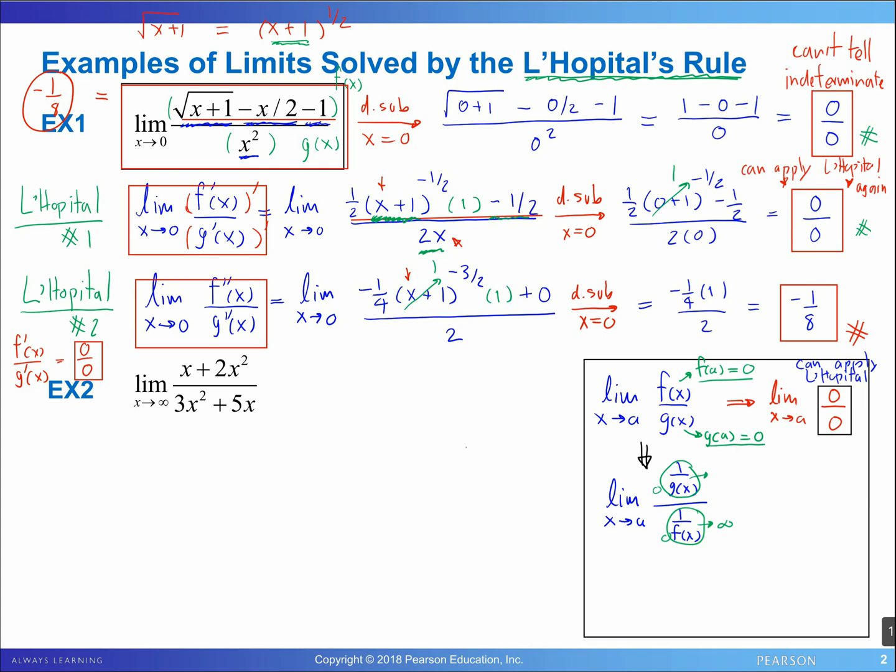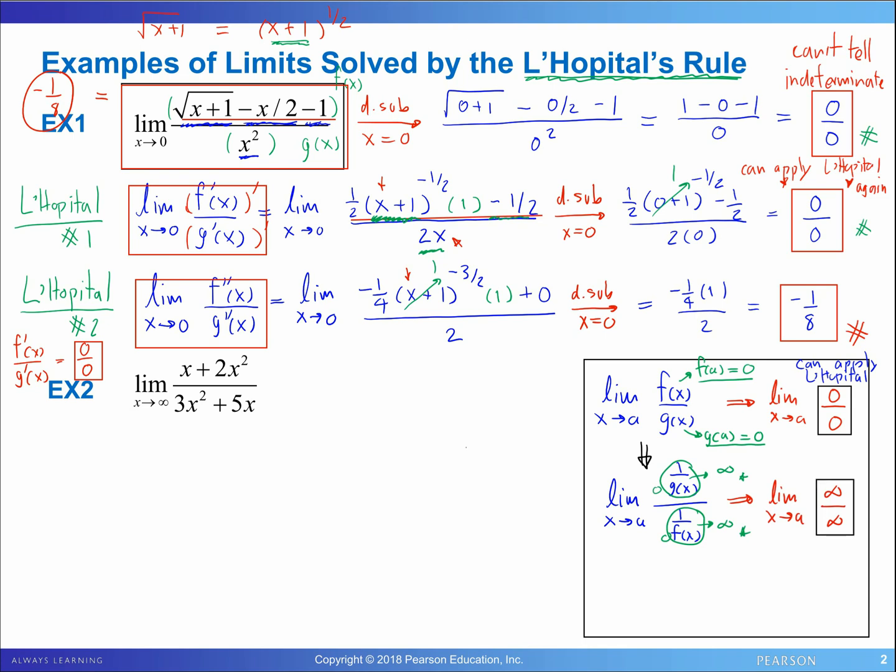It's going to go to infinity as well. Which means that at this point down here we have the limit when x goes to a of infinity divided by infinity. So let's have it right here. Infinity divided by infinity. Another type of indeterminate form.